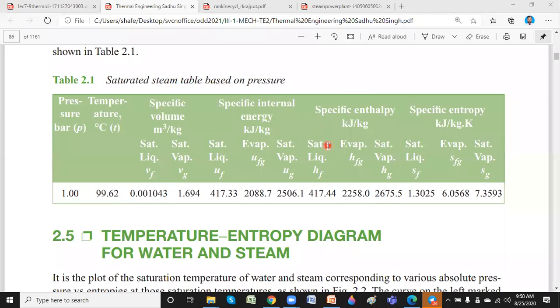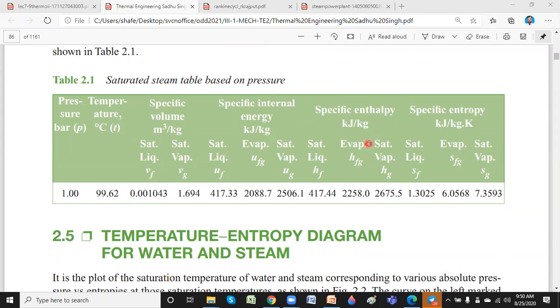The first column is saturated liquid, that is enthalpy of the hot water. F indicates liquid and G indicates when it becomes vapor or steam. So enthalpy of liquid and enthalpy of vapor. To convert that liquid into vapor, I must supply some heat at constant pressure, which is called latent heat.